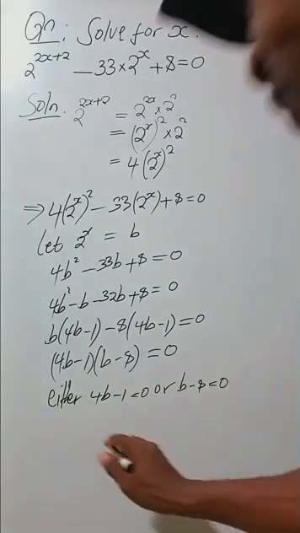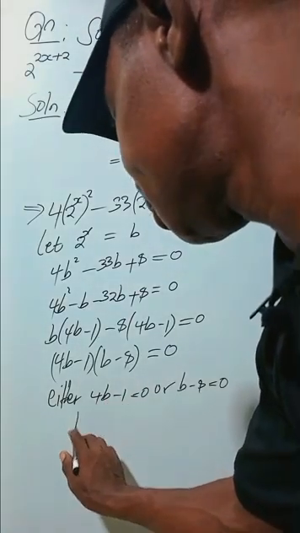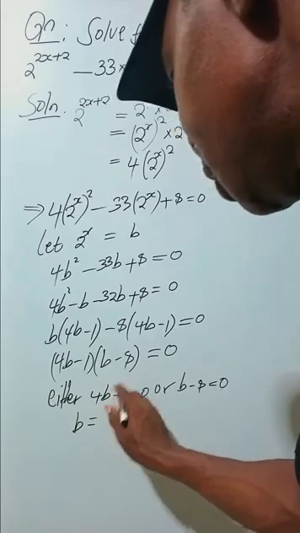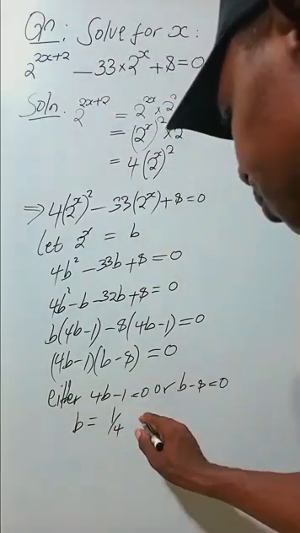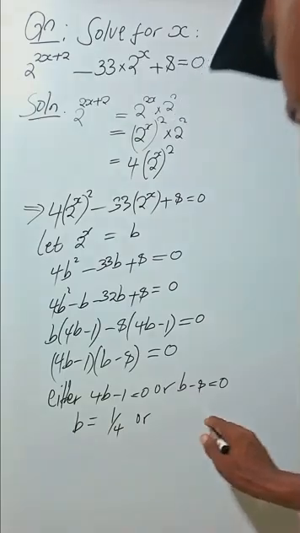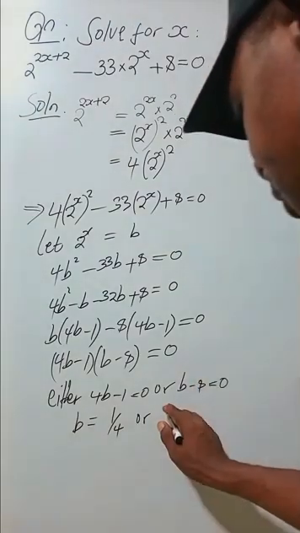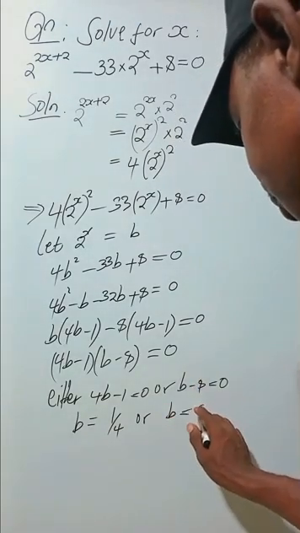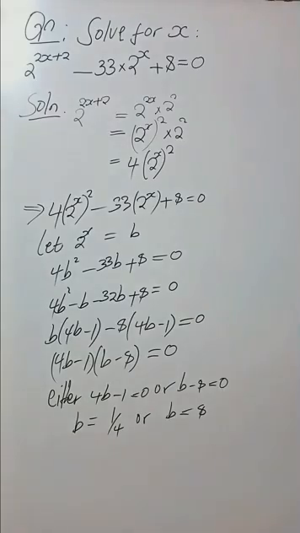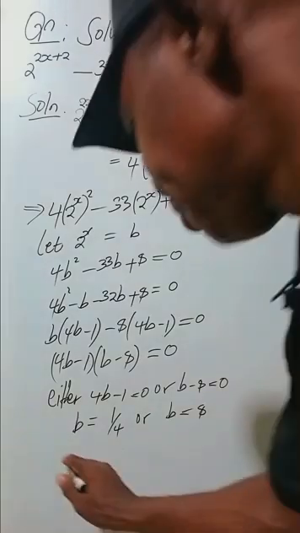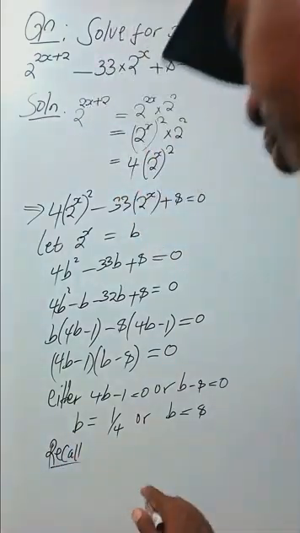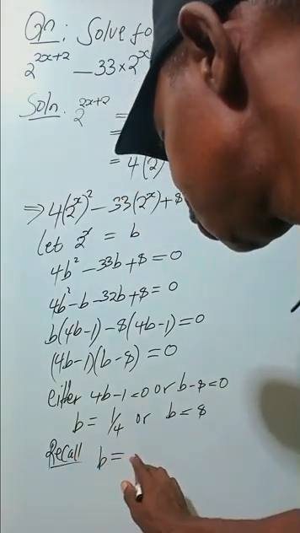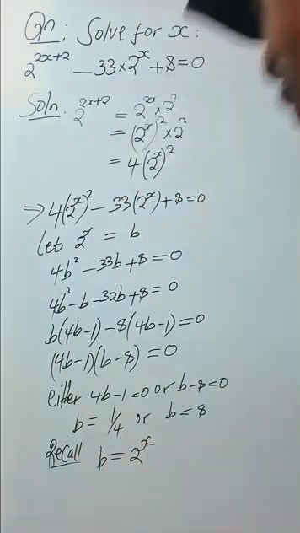So this one gives us either b equals, taking this one, that side becomes 1, then we divide by 4, or taking this 8 to the other side, we get b equals 8, like that. But remember that somewhere we said b is equal to 2 exponent x.